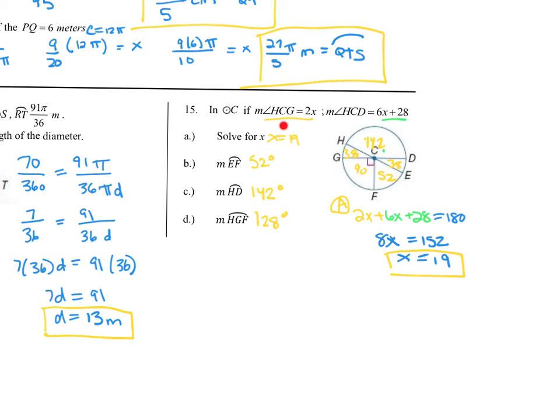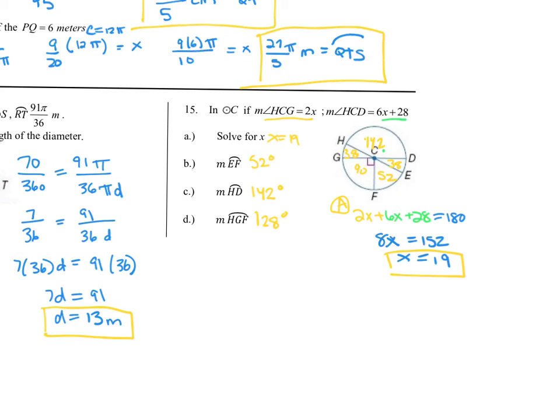Okay, that's 19 for x. So then I'm able to fill in, well, if that's 19 for x, 2 times 19 gives me 38. And then 6 times 19 plus 28 gives me 142. Now, I probably from there just continue going and say, well, if this was 48 and this was 38 and 142, this one's also going to have to be 38.